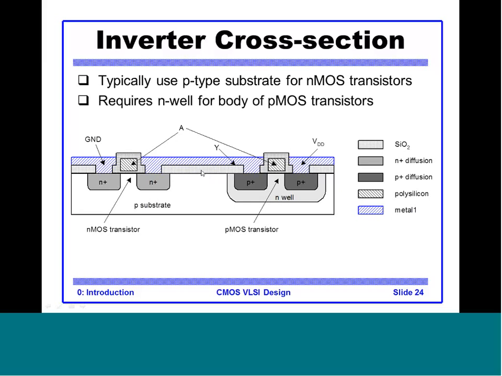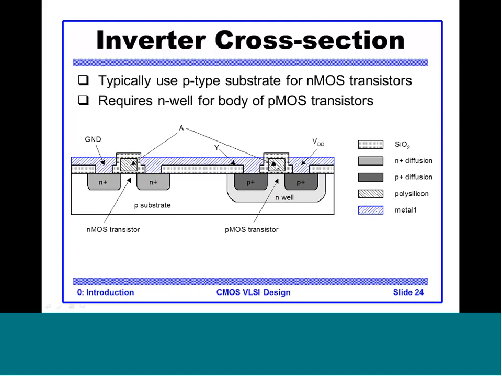Now we go back and remember that the input to the inverter is given using the gates, that is, the gate of NMOS and PMOS is tied together to form the input A. Here we see that this region in the middle is nothing but polysilicon.